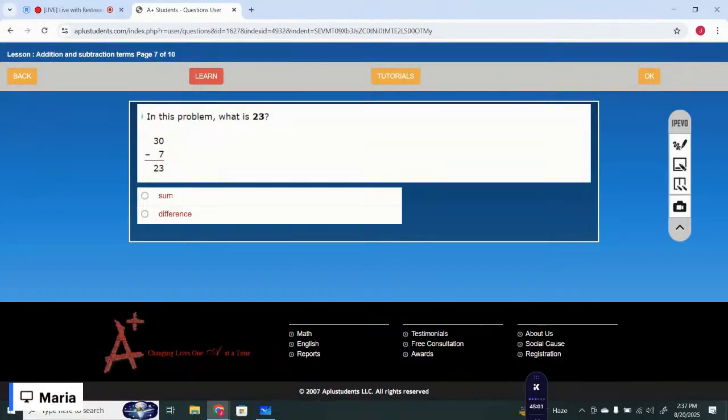In this problem, what is 23? 23 is the difference of 30 and 7. Option number 2 is the correct option.